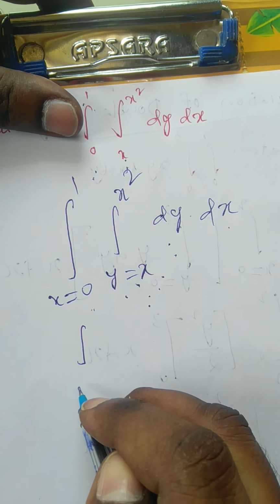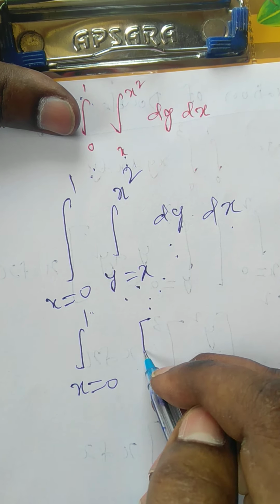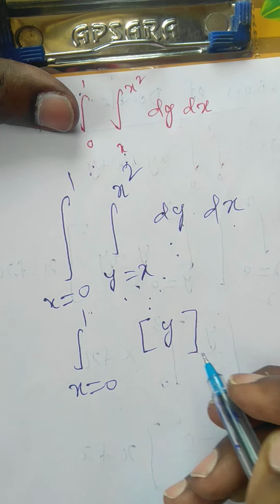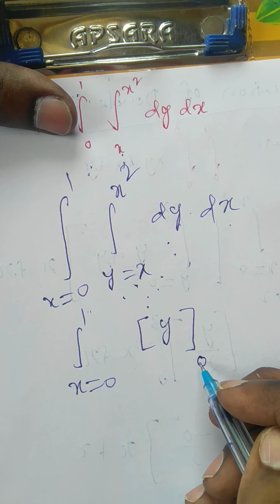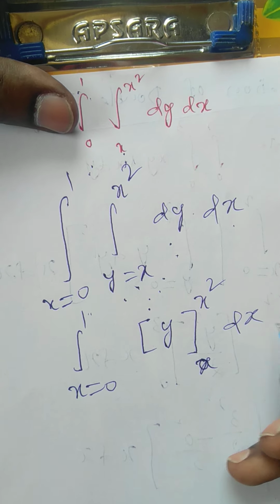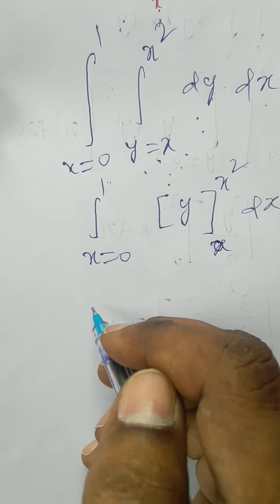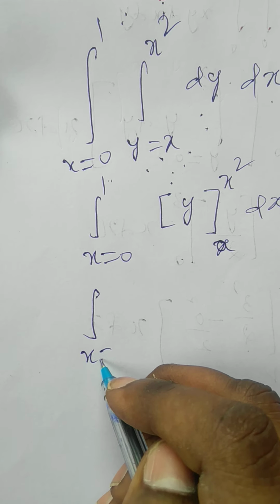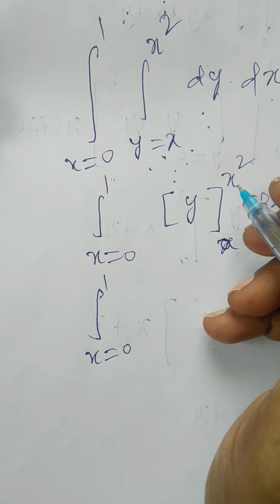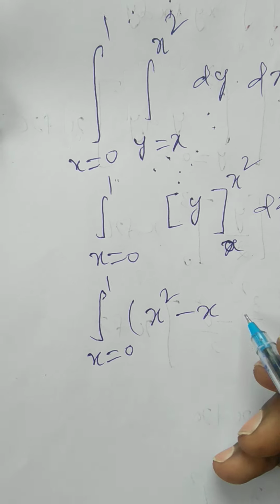Now this is x equals 0 to 1. Integration of dy is what? y. What are the limits here? x to x square, dx. In place of y, I can substitute the upper limit as well as the lower limit. Now integral x equals 0 to 1, in place of y, we replace x square minus the lower limit, what? x, dx.